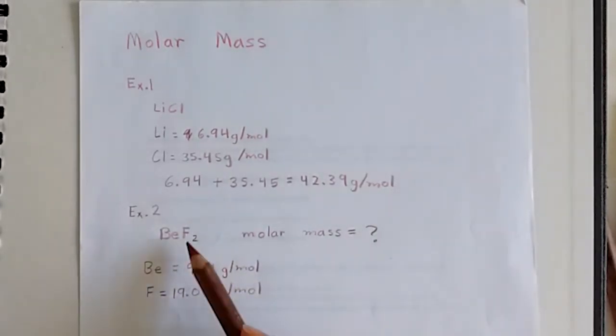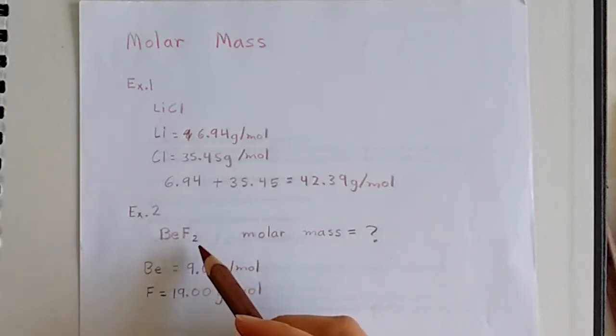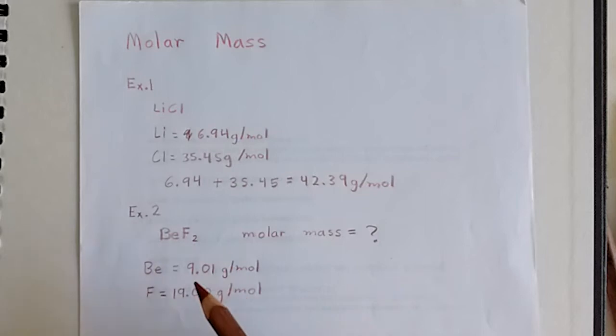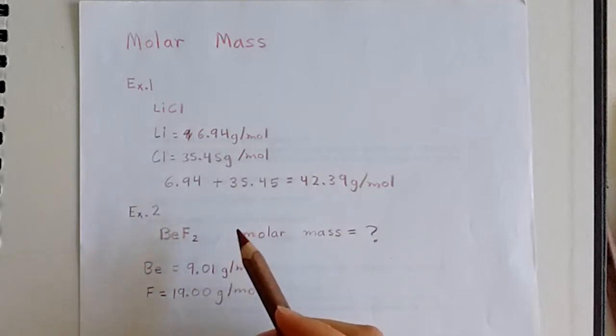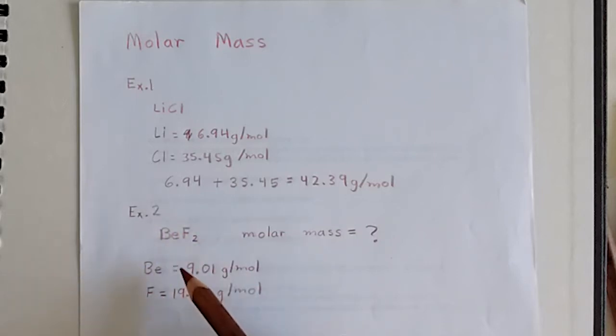Now, for this example, you might realize that we have a subscript after fluorine, which means that we have 2 fluorines. Check out my channel for the video about number, location, and elements, which explains the meaning of the numbers based on their location relative to an element symbol.